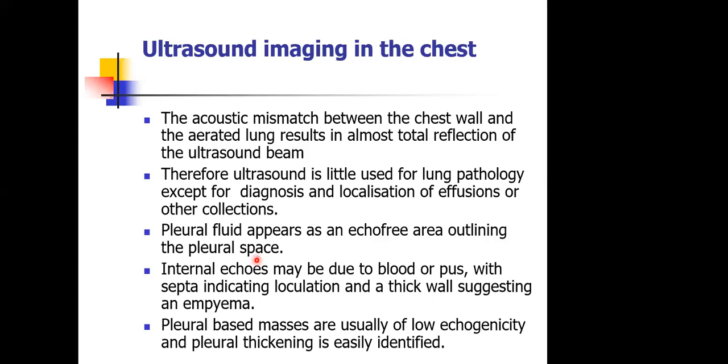We use the word echo-free and anechoic synonymously, so you have to be flexible there. If that fluid is no longer anechoic, but has some debris in it, then our interpretation will switch to either blood or pus.